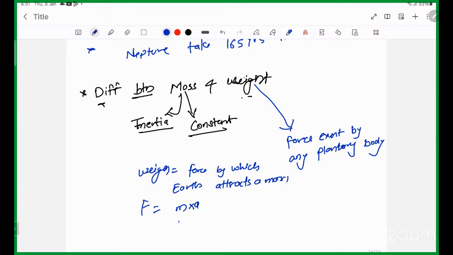So the mass is constant here, and this acceleration we call gravity.